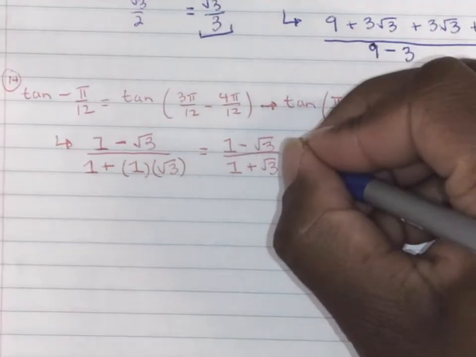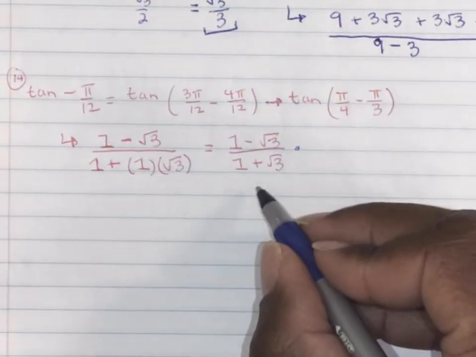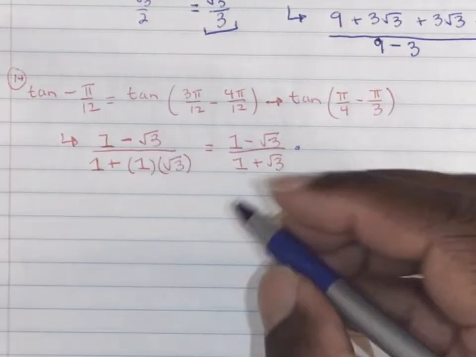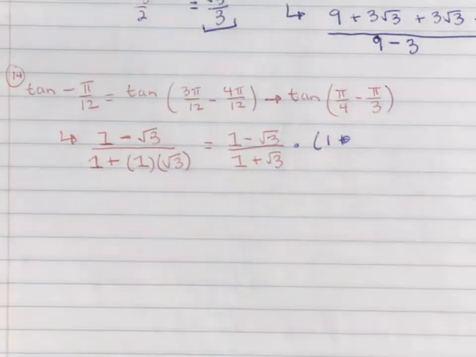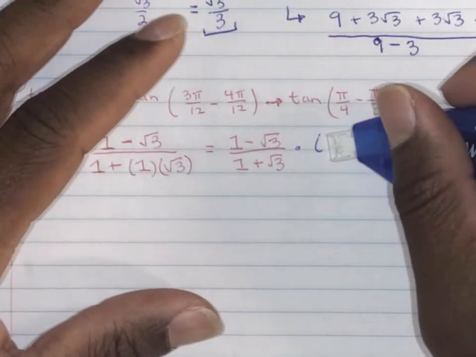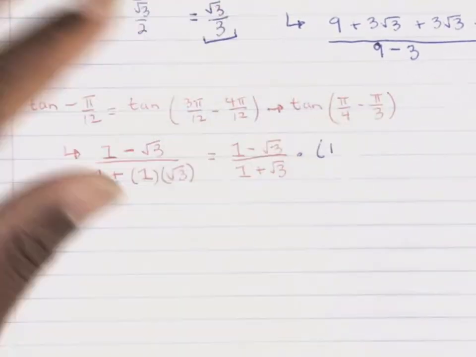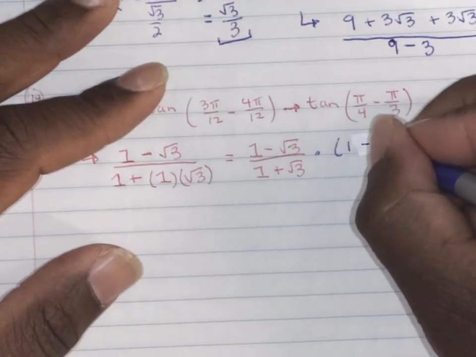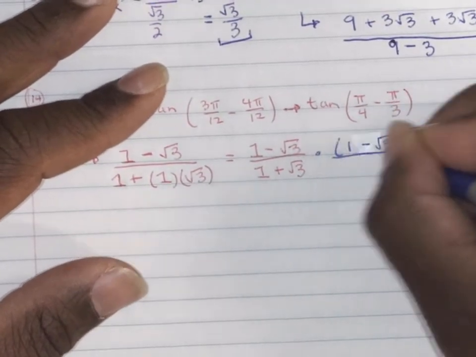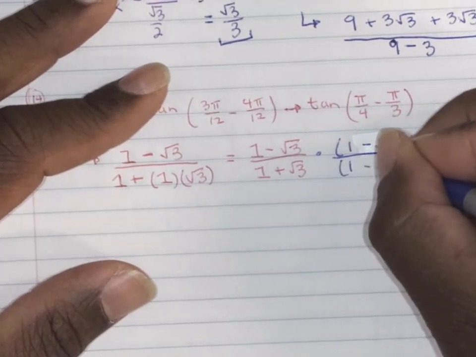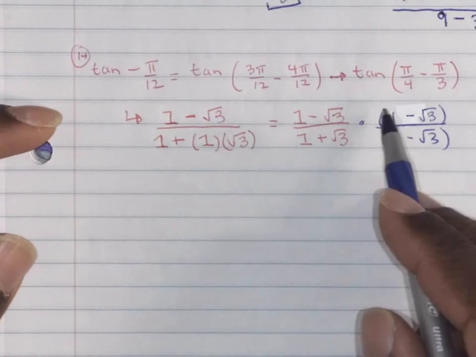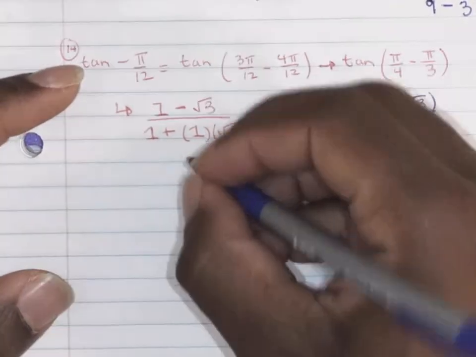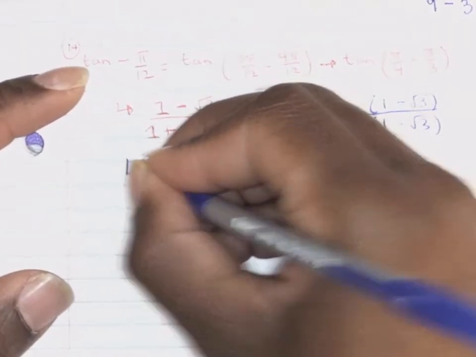That's my answer. I need to rationalize it, so I'll multiply by the conjugate of the denominator, which is 1 minus, sorry, gotta change the sign. So 1 minus root 3. All right, so then I'll FOIL this. 1 times 1 is 1.